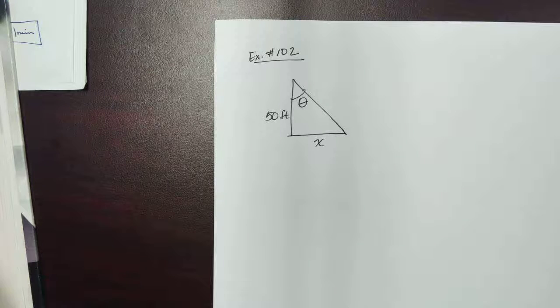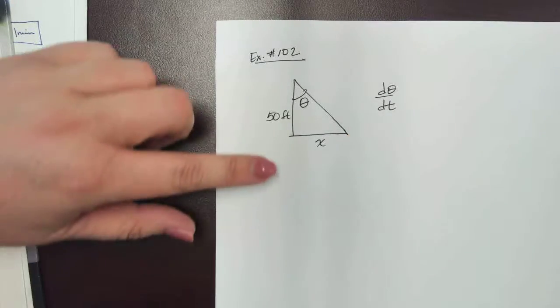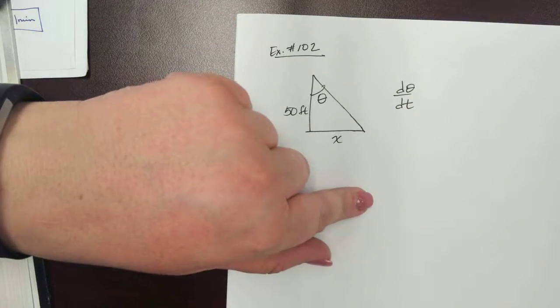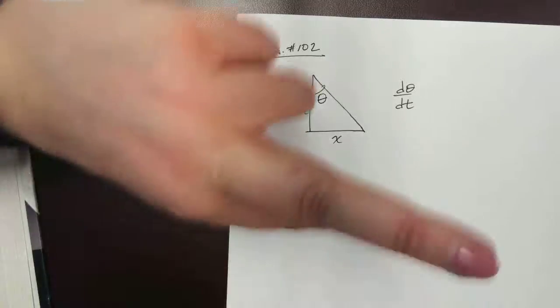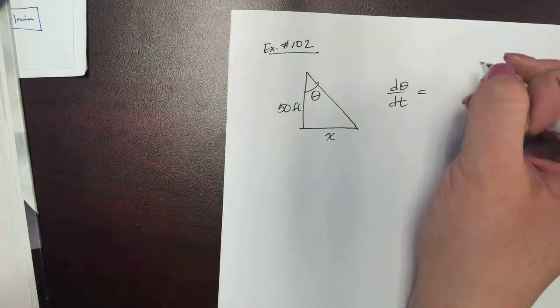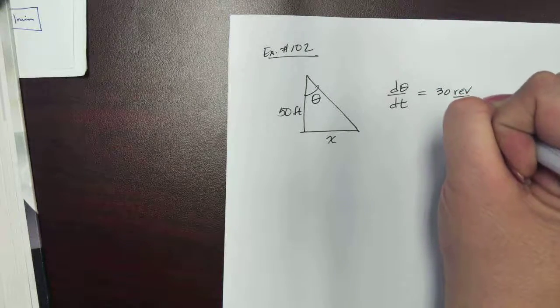So revolutions per minute, if you see the word revolution, that's theta. Okay? So d theta dt, and they're all going to be with respect to t because it's a rate. A rate is how fast something is changing, and a rate is a derivative, always with dt down at the bottom. So d theta dt equals 30 revolutions per minute.